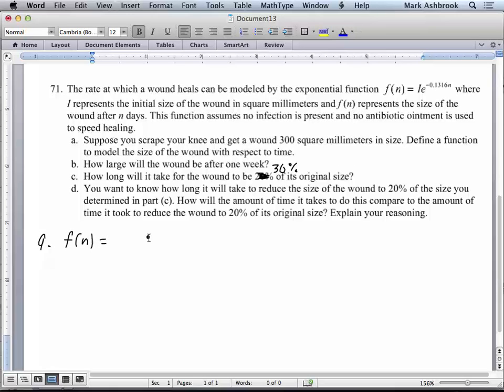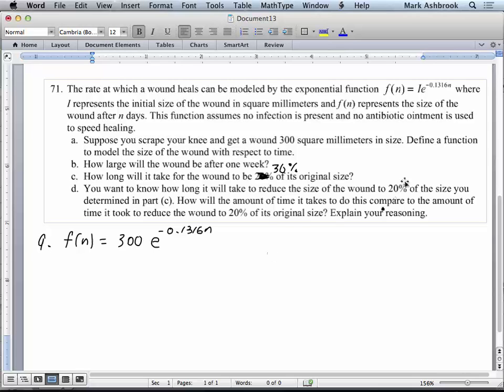Okay, what's the function for part A? Did you get it, Taz? It equals 300 times e to the negative 0.1316n. This is what he wants for part A. Is there another way to write that function?